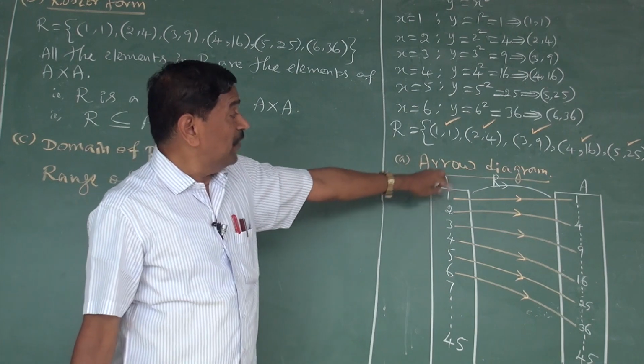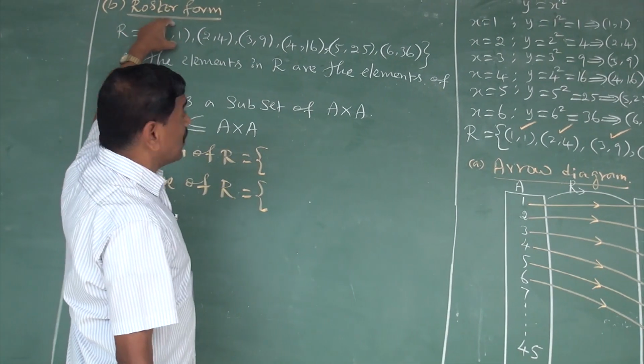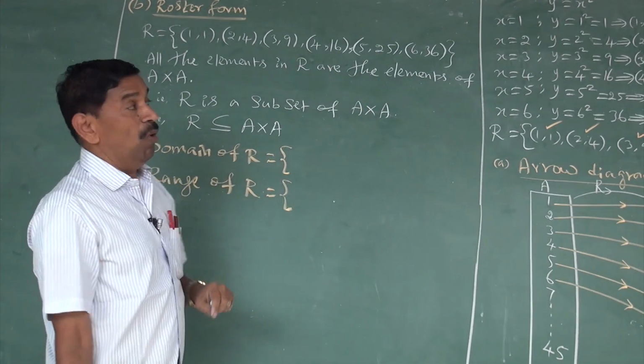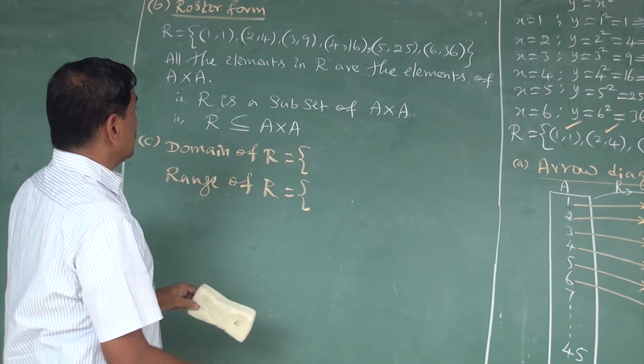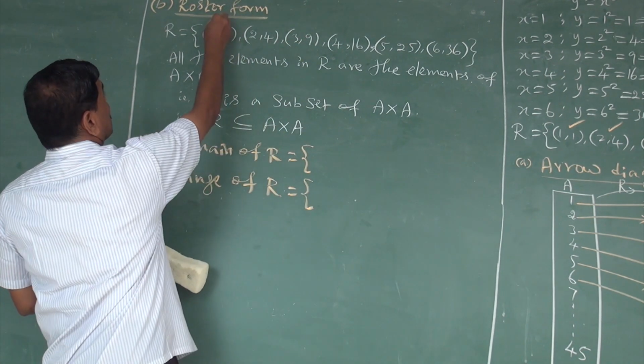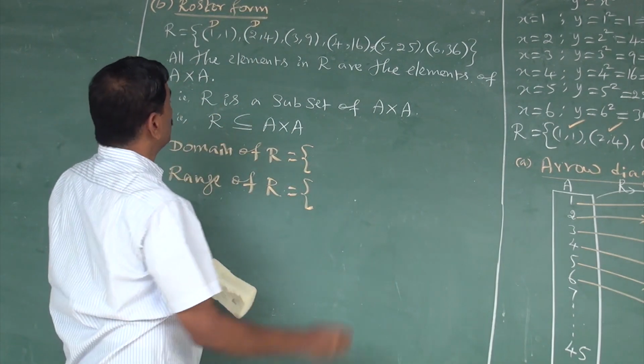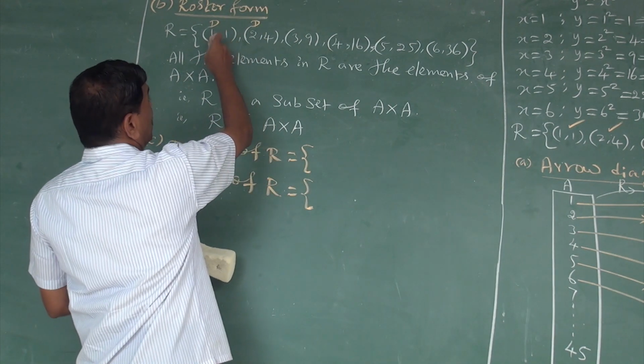One can write this from the arrow diagram, otherwise from the roster form, that is, in ordered pairs, also one can identify. Listen, in an ordered pair, the first element is the domain. See, the first element 1 is domain.